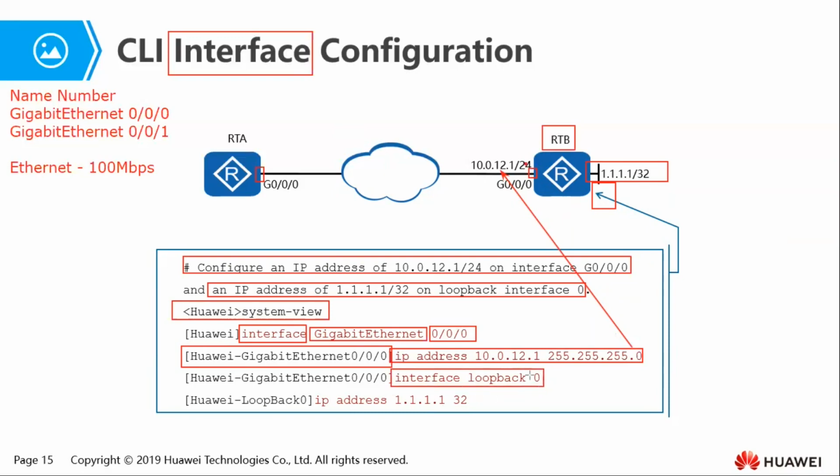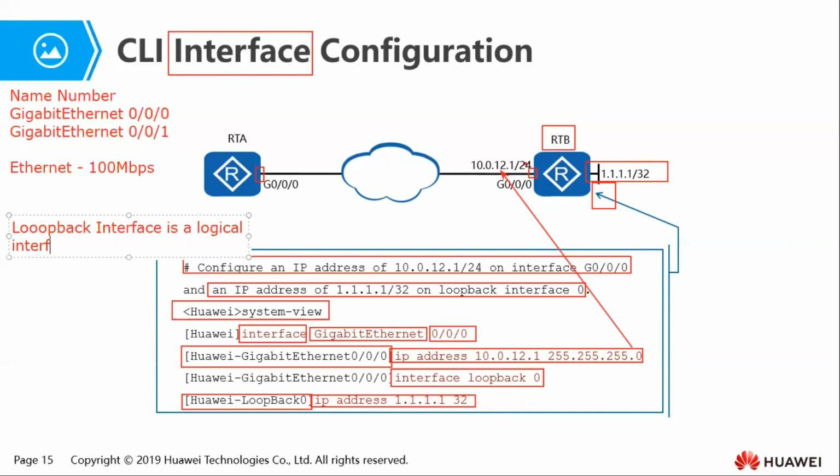So interface loopback 0 gets us into the loopback interface 0 prompt. Then we can again configure an IP address for this interface. Now, what is a loopback interface? A loopback interface is a logical interface.